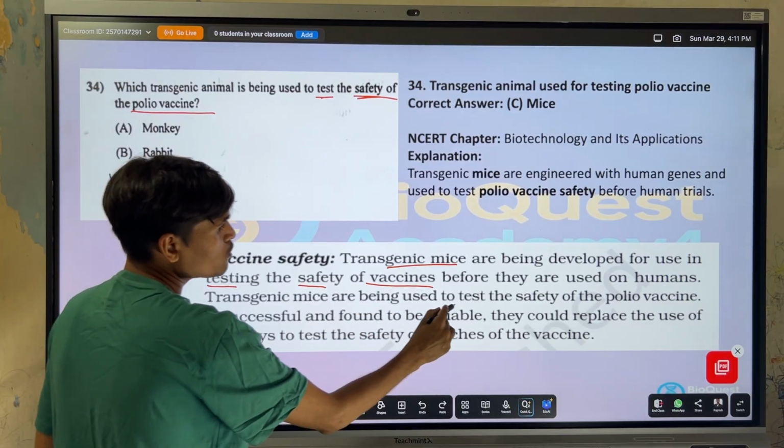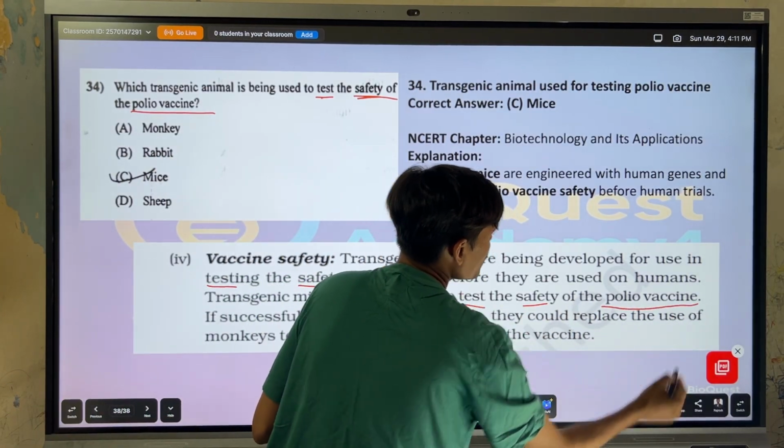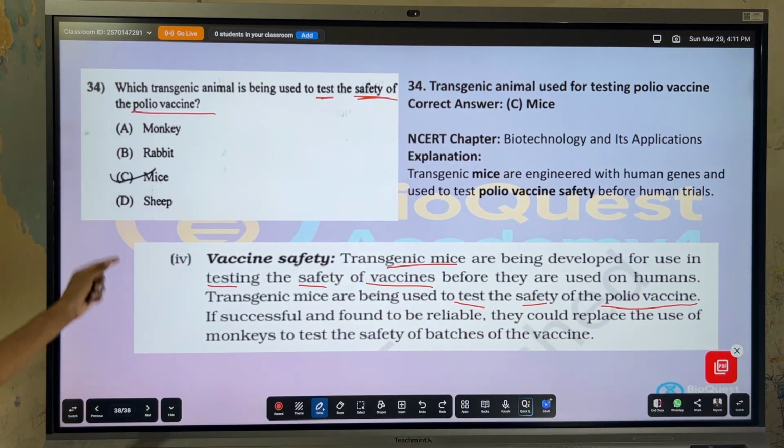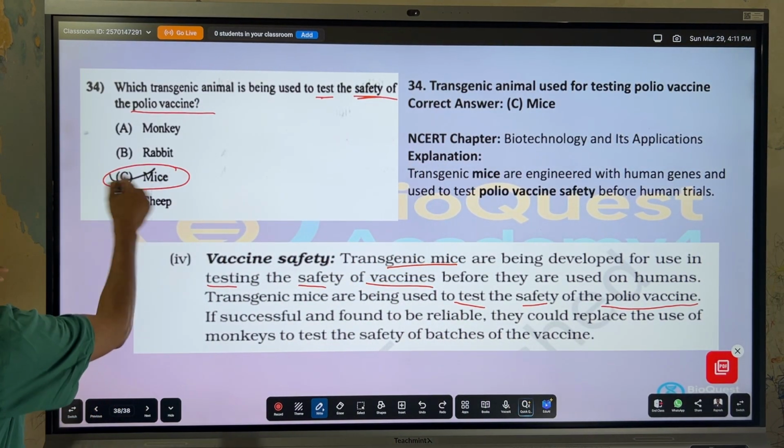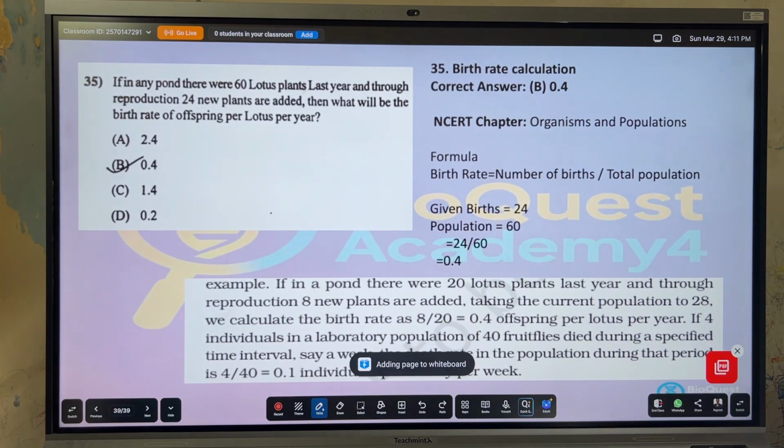Transgenic mice are being used to test safety for the polio vaccines. So what do we use normally? Mice, not sheep, not rabbit, not monkey. Next, 35.